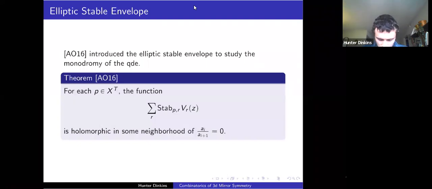If you apply this matrix to the vector of vertex functions, you've canceled your poles in the A parameters, and you get something that's now holomorphic in the A variables. So the elliptic stable envelope takes our solution of our q-difference equation, holomorphic in one set of variables, and switches it to solutions holomorphic in a different set of variables.